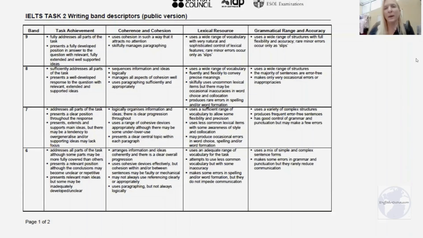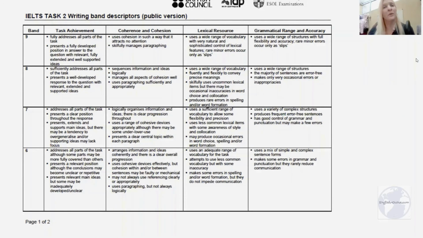So now the band descriptors for writing task 2 are very interesting because you get a very clear idea of what you need to do in order to reach a specific band. So if you're at band 5, for example, right now, take a look at the band descriptors to see what you need to do to reach the 6, 7, 8, or 9.